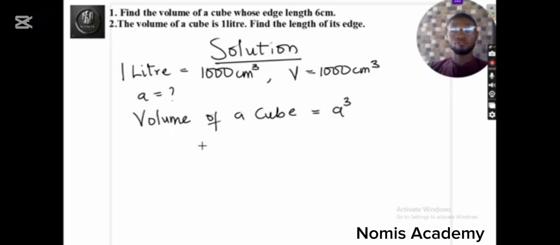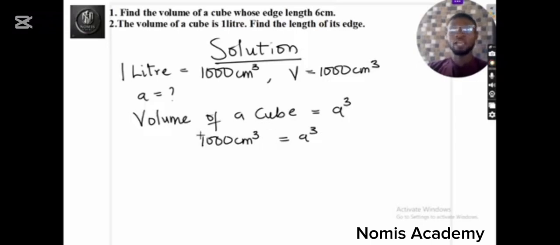Now we have 1000 centimeter cube equal to a cube. So how do we now find the value of a, which stands for the length of its edge?